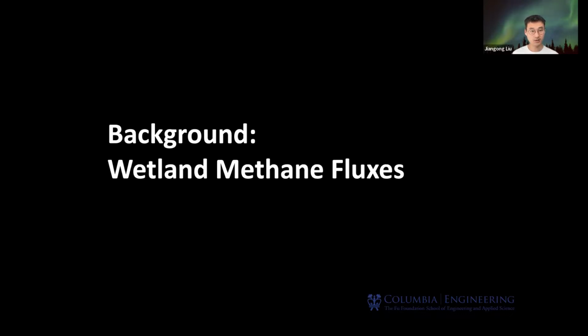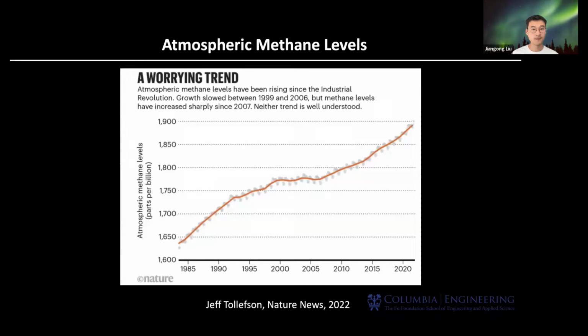Here's a bit of background about wetlands and methane emissions. First of all, this picture shows the atmospheric methane levels. During the past decades, there was a kind of plateau for the methane concentration in the atmosphere.